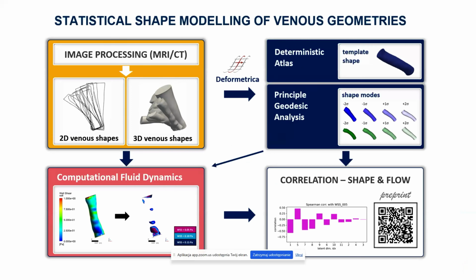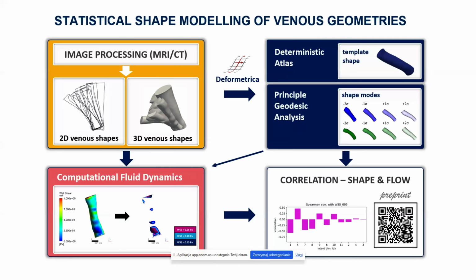Here, the common iliac veins are extracted from medical images, and these are full 3D shapes, and 2D projections in the plane of a typical angiogram. Then they're processed through CFD simulations to extract flow metrics of interest in studying thrombosis, and in parallel, they are fed to the statistical shape modeling framework using Deformetrica.